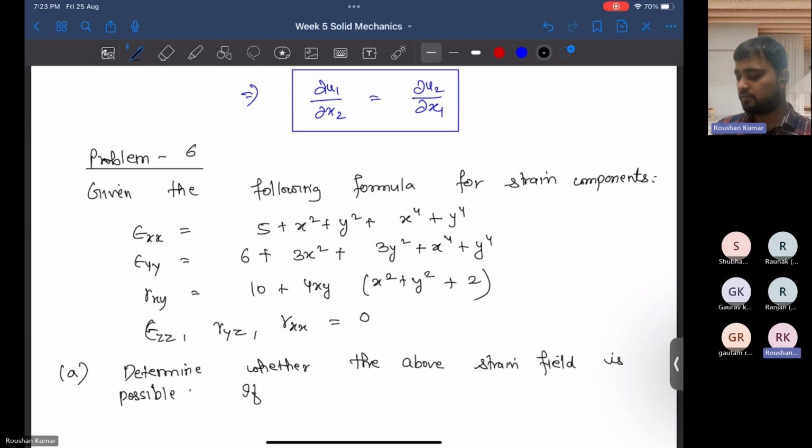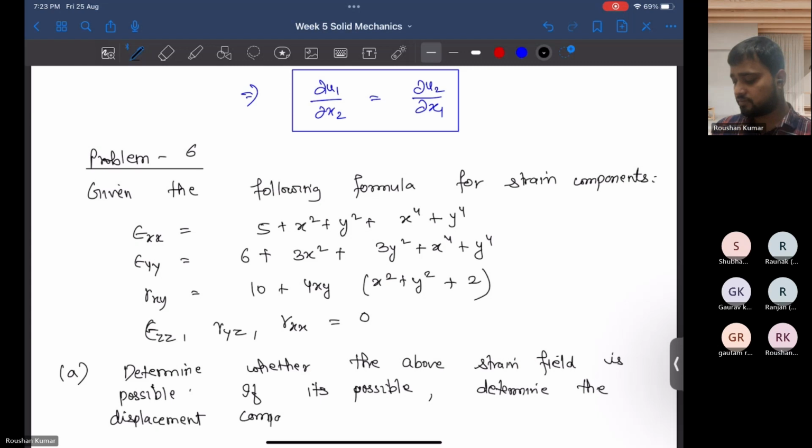If it is possible, determine the displacement components in terms of x and y.